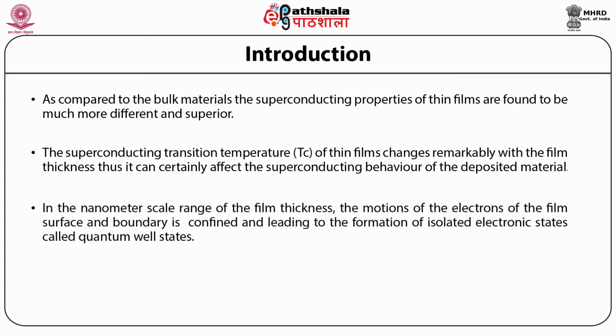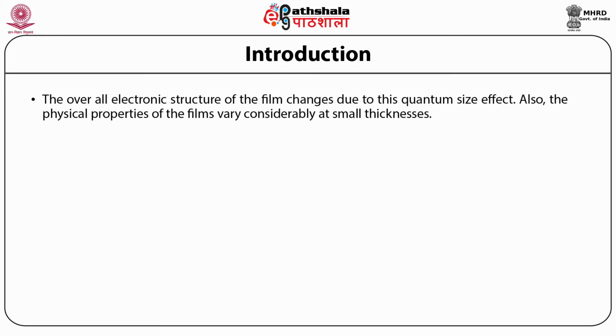In the nanometer range of film thickness, the motion of the electrons at the film surface and boundary is confined, leading to the formation of isolated electronic states called quantum well states. The overall electronic structure of the film changes due to the quantum size effect.